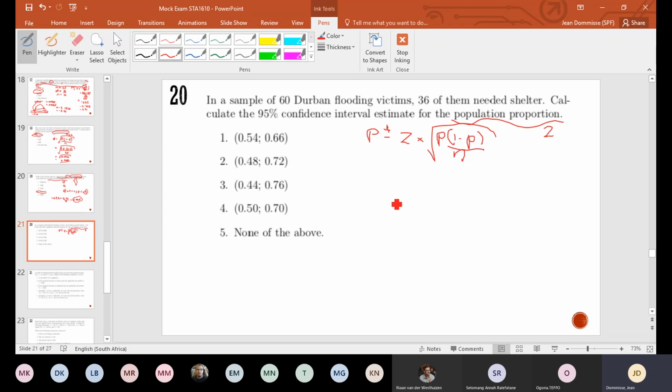Okay, so P we know is 36 divided by 60. So let's quickly see what that answer is. 36 divided by 60 gives us 0.6. Okay, so we have 0.6 plus minus, and a 95% confidence interval is always 1.96.